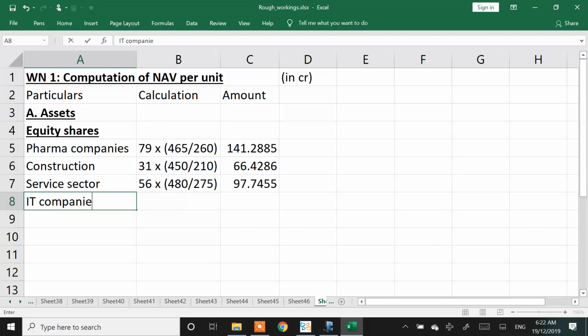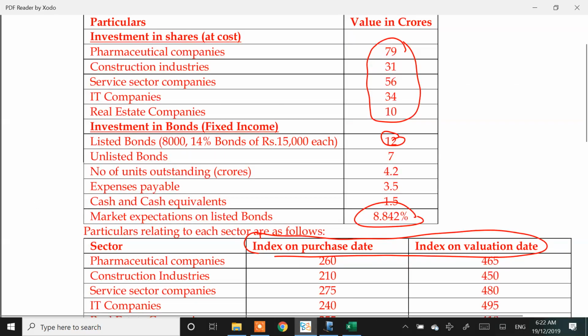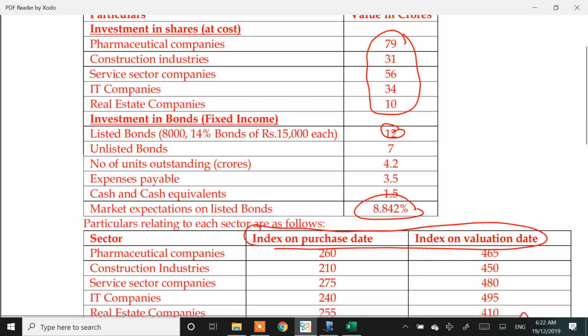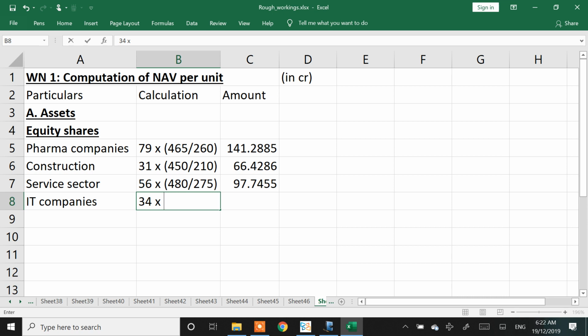IT companies: 34 crores into 495 by 240.